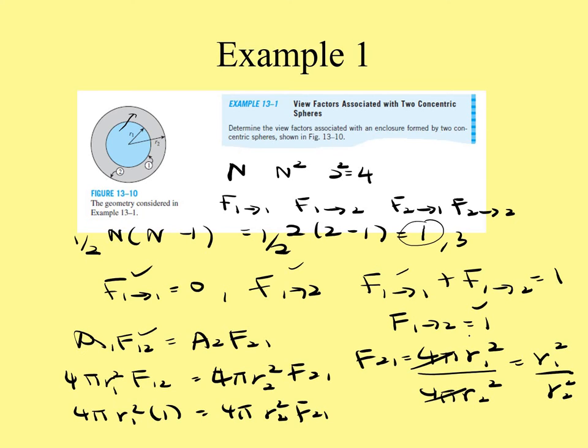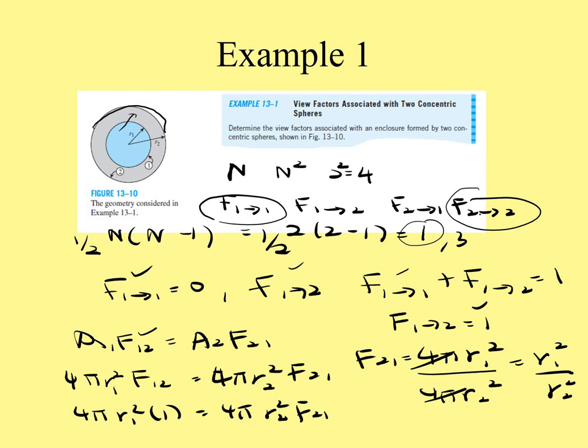We have one left, which is f22. For f22 we cannot use the same concept as f11, because the surface of 2 is a concave shape, not a convex shape like surface 1. For concave shapes, the value of f22 will not equal 0.